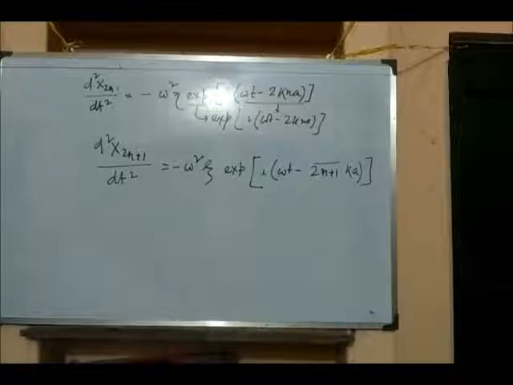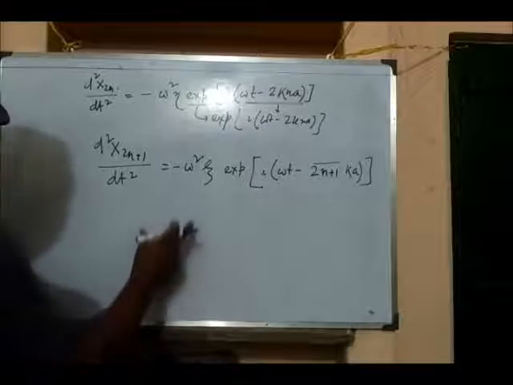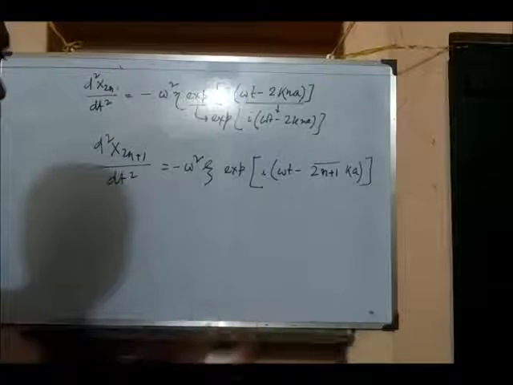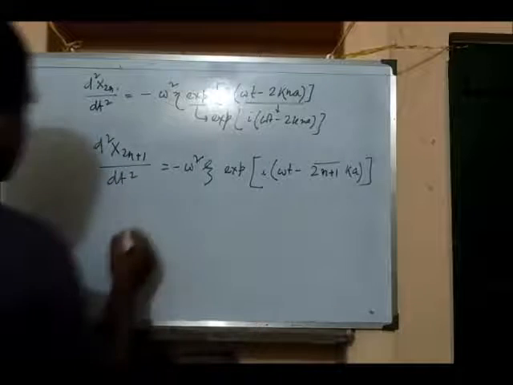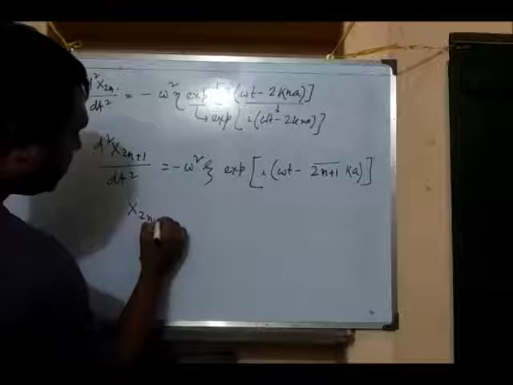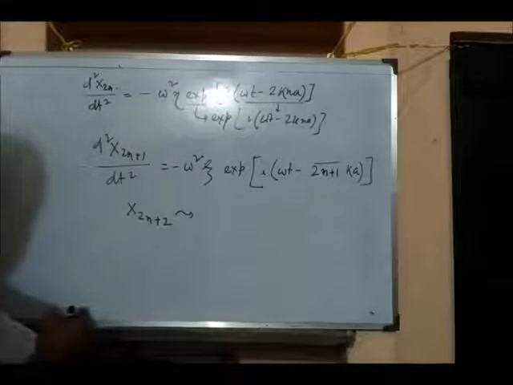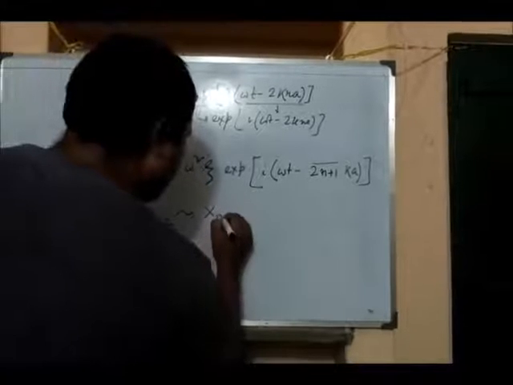Now, if you consider the relation between two individual displacements, one is x₂ₙ₊₂ and another obviously x₂ₙ.